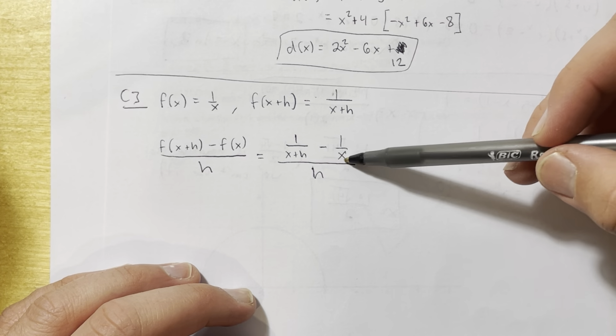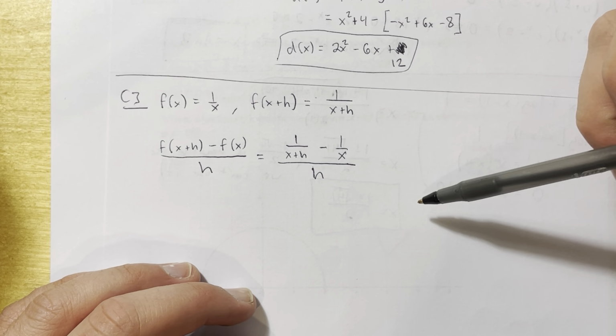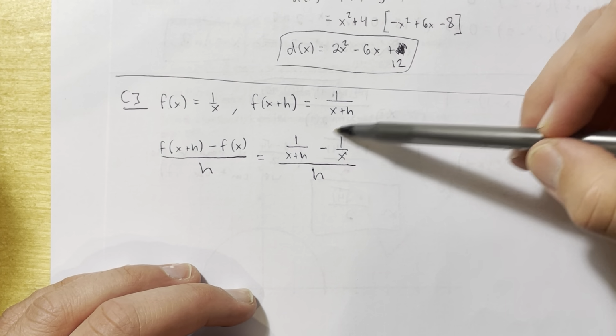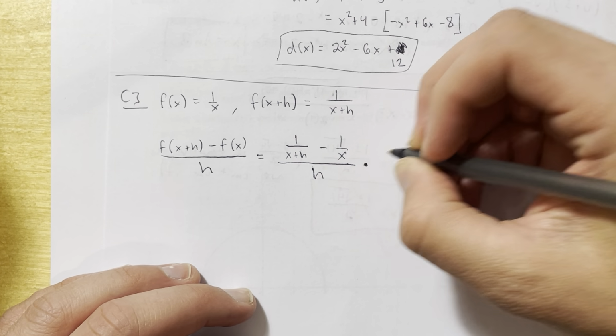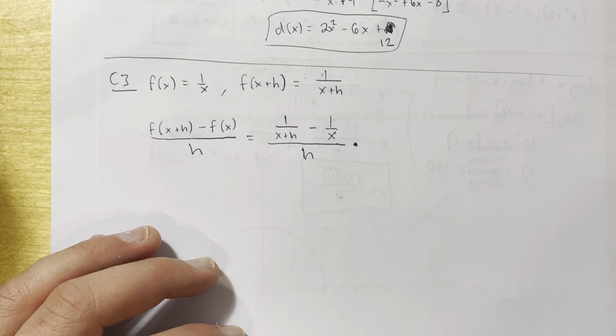So in this case, the natural way to simplify an expression like this is to eliminate these denominators. This is what we call a complex rational expression. We have rational expressions within a larger rational expression. And I'm going to use a trick that you need to be very, very comfortable with in calculus: multiplying by an expression that's equal to 1. So in this case, notice if I were to multiply these two denominators together, x times x plus h, that's what we would call the least common denominator of these two rational expressions.